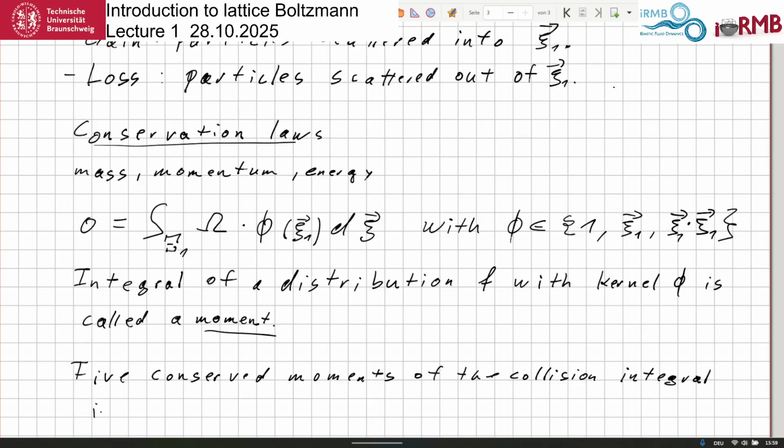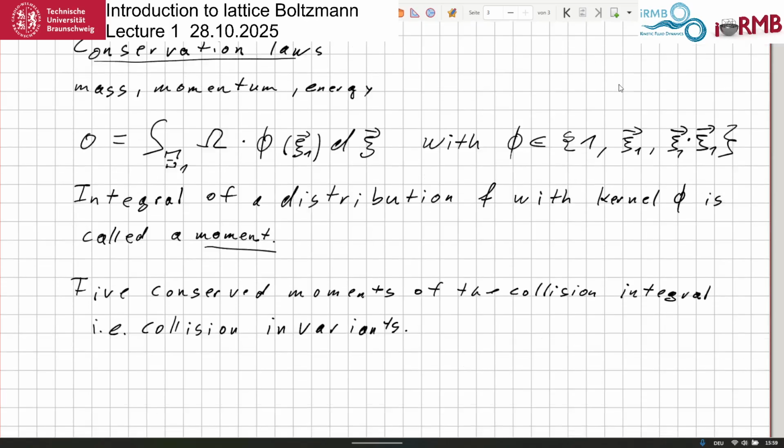We also call these things collision invariants, because they are conserved, they do not vary across the collision. And these are somehow related to the primitive variables of the Navier-Stokes equation.